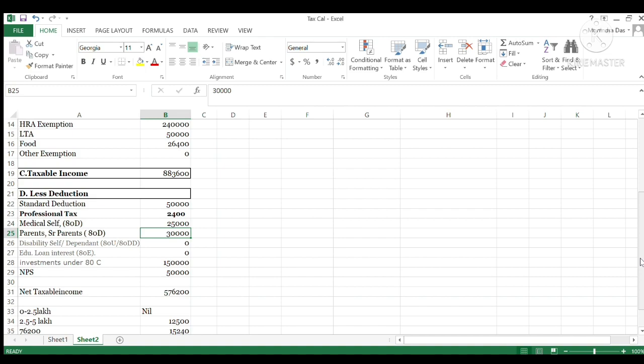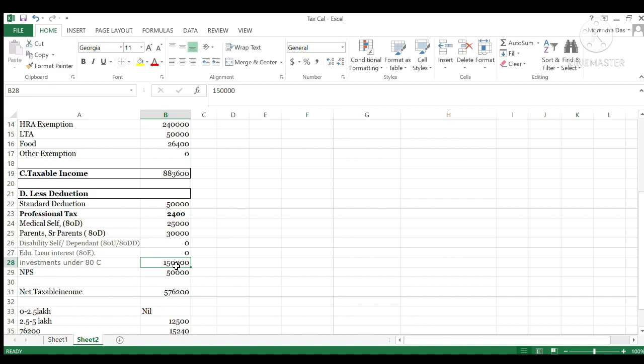Now coming to the investment under 80C, as I said, there are a lot of instruments in which you can invest under 80C and claim the tax benefit, but the upper limit is a maximum of 1,50,000 rupees. In this come your equity linked savings schemes, your PF, your life insurance policy, and a lot of other things. I am assuming that you have invested all your money in equity linked savings schemes, so you have taken the upper limit of 1.5 lakh.